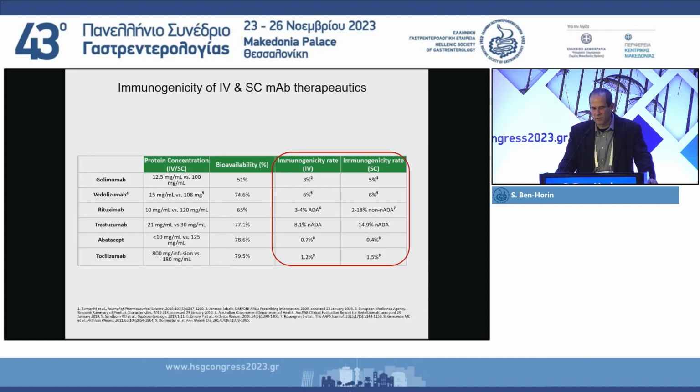And indeed, if you look at the immunogenicity of different IV and sub-Q monoclonal antibodies that are available in the two formulations, you basically see the overall rate, and you see the names of these different sub-Q and IV molecules, they seem to have a similar potential for immunogenicity, whether they are given as IV or sub-Q.